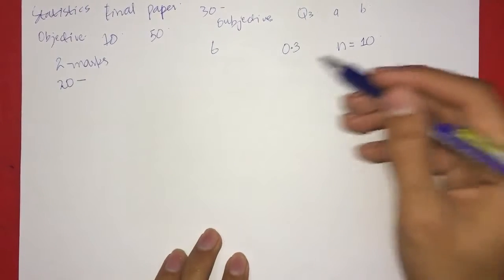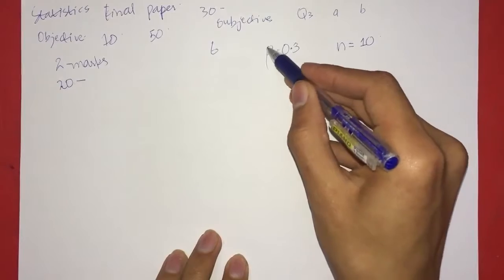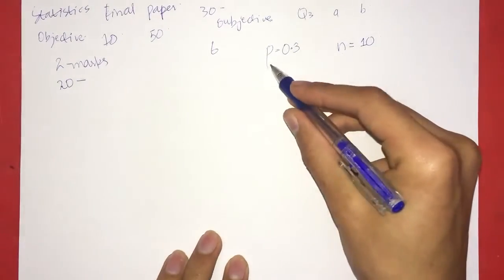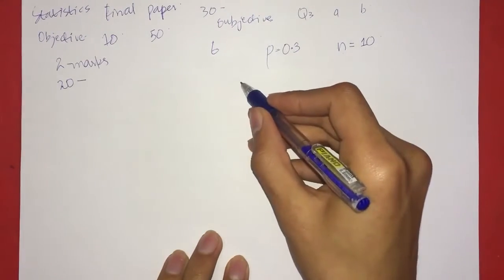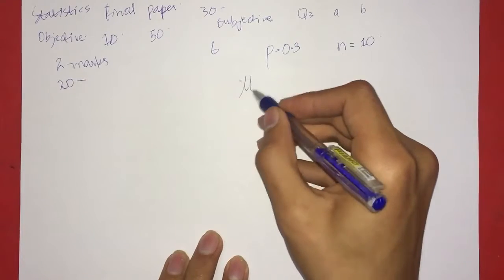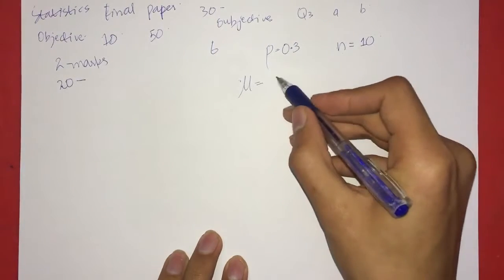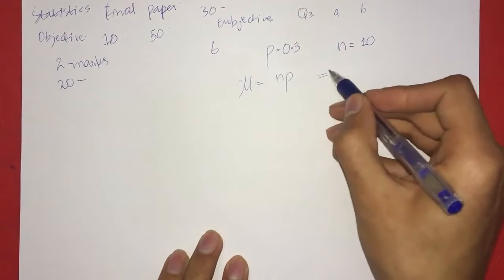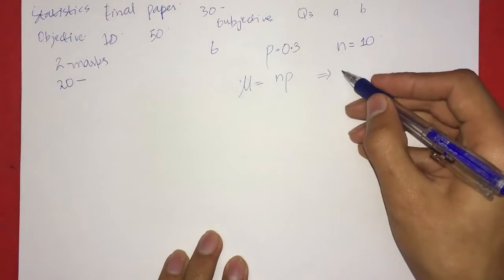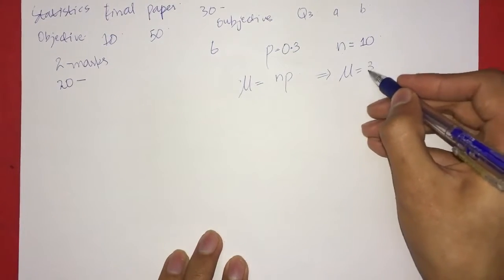As we know, the mean of a binomial distribution is n multiplied by p. So mu equals n into p, which is 10 into 0.3, so our mean is 3.